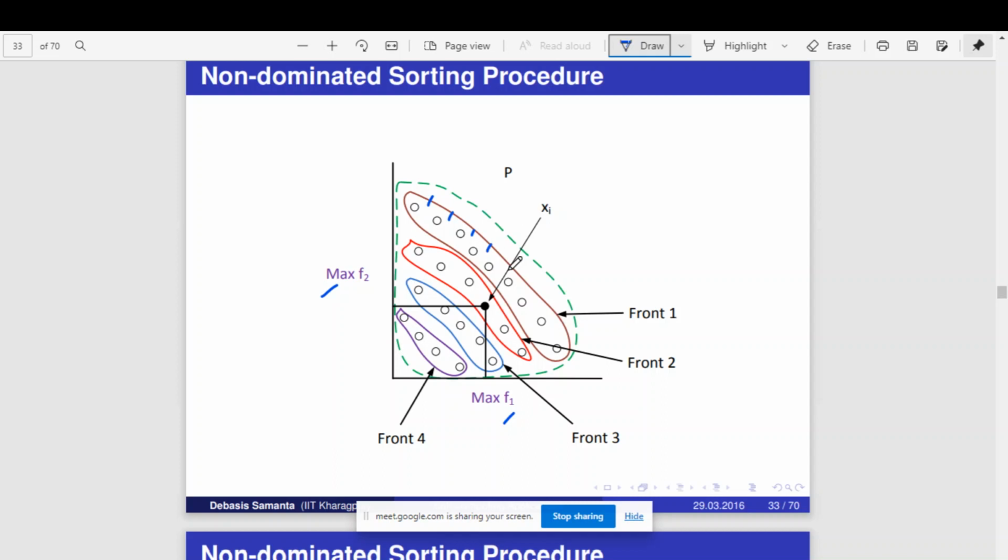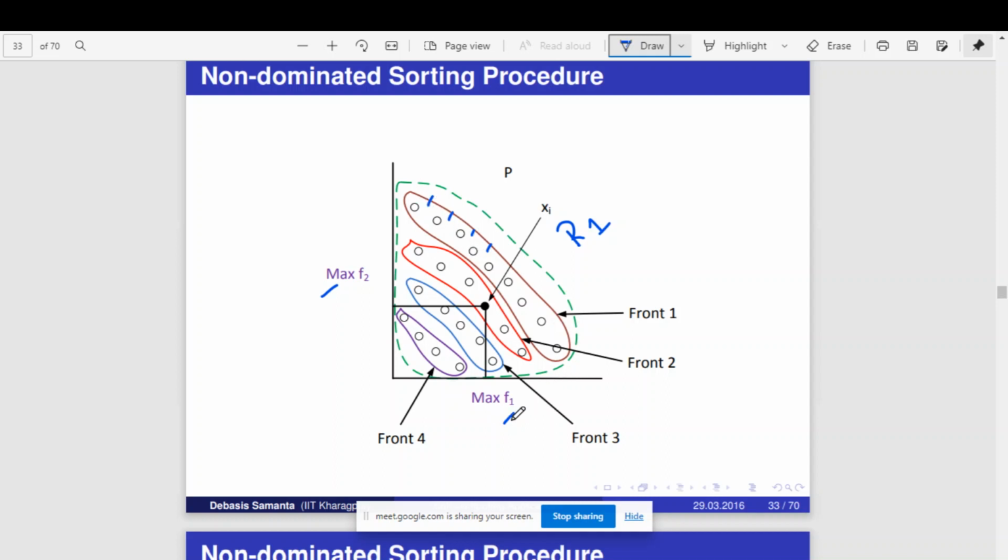They all will have rank 1, because they are in the first level of the Pareto optimal front, or the non-dominating front.